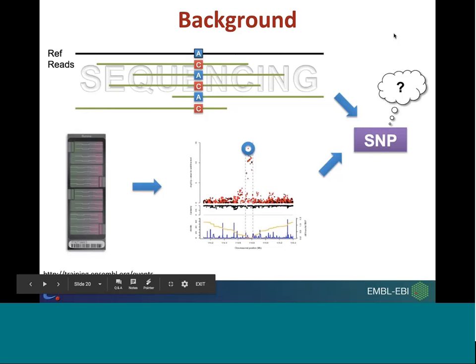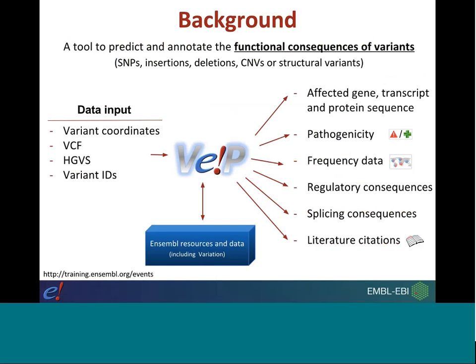So just as a quick overview, you may have done your own sequencing experiments or identified some variants of interest, for example, with a genotype array, and identified a SNP of interest, and you want to find out about what it does and its functional consequences. So this is why we've developed a tool called the Variant Effect Predictor.